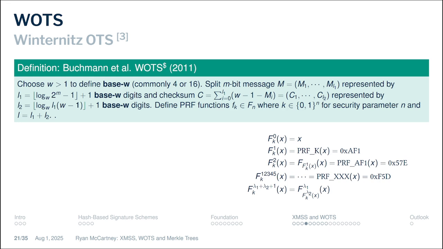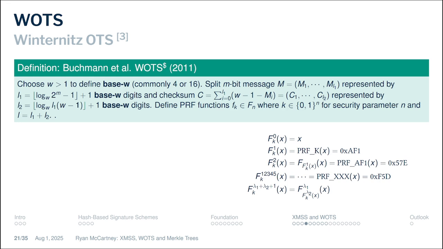So instead of doing a random walk in the domain of the hash function, we now do a random walk in the function family f_n.